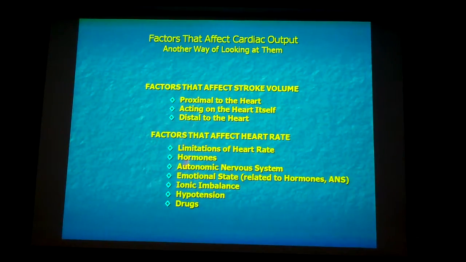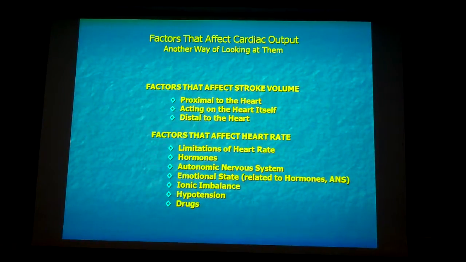This is just some other ways of looking at things that affect stroke volume. You can look at it as things that affect the heart proximal to itself, like venous return acting on the heart itself, diseased heart, drugs, and so forth, or distal to the heart, like high blood pressure.